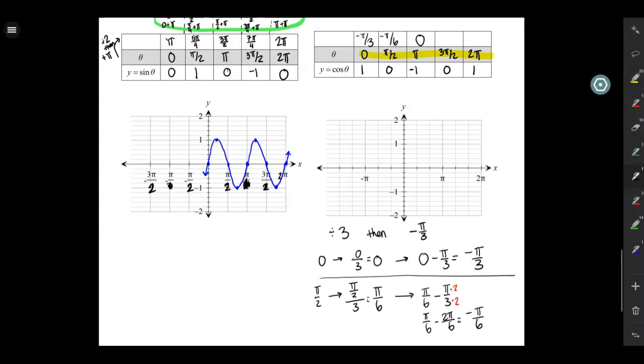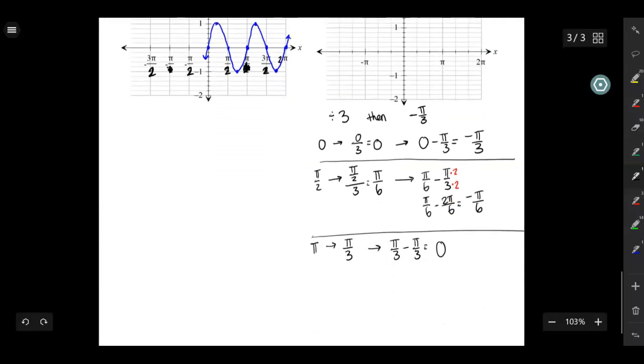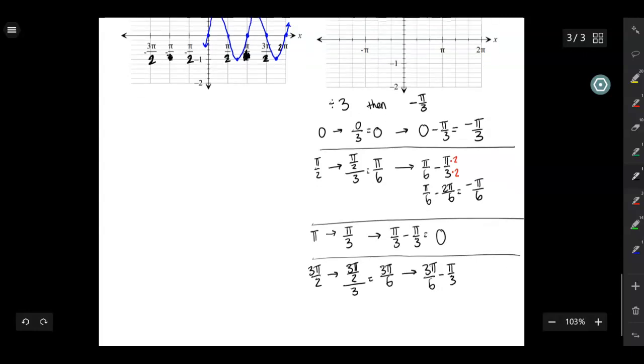Okay, 3 pi over 2. Let's do 3 pi over 2. If I take 3 pi over 2, I'll divide it by 3, which turns into 3 pi over 6. Then I need to take the 3 pi over 6 and subtract pi thirds.